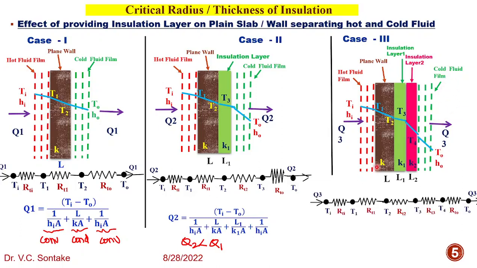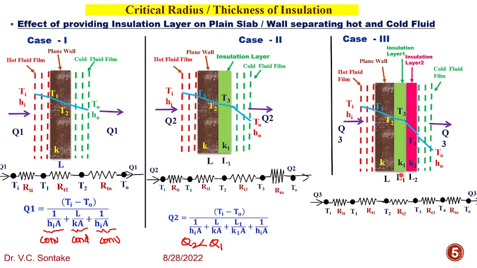The thermal circuit for this arrangement is shown in figure. RTi is the convective thermal resistance by hot fluid film between temperature Ti and T1. RT1 is the conductive thermal resistance by plane wall between temperature T1 and T2.